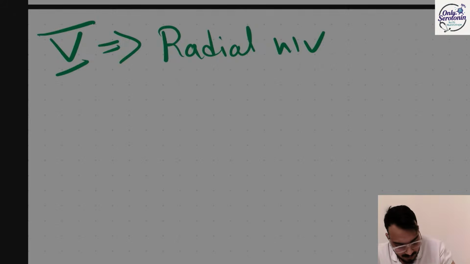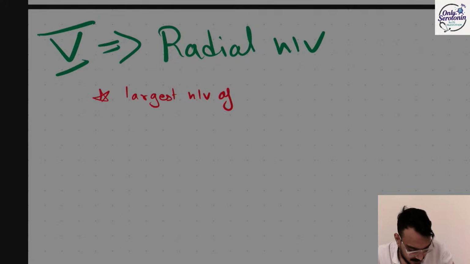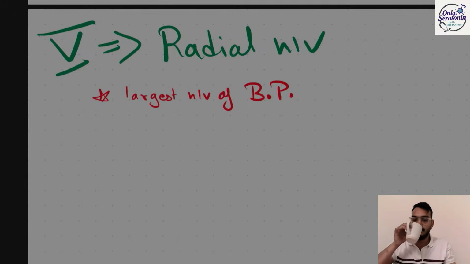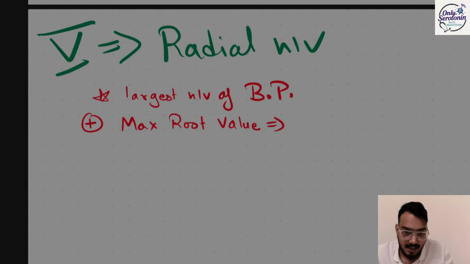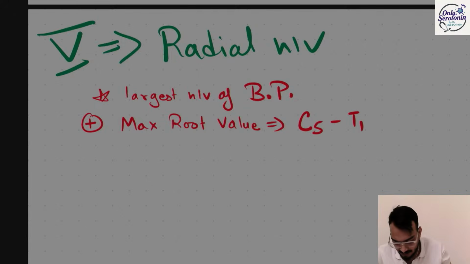What did I tell you about the radial nerve? It is the largest nerve of the brachial plexus, plus the maximum root value is shared by the radial nerve, that is from C5 to T1, right?